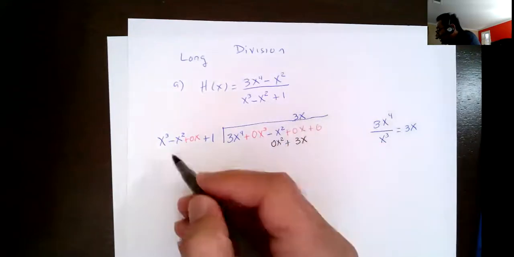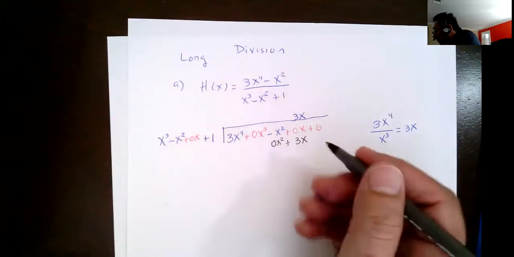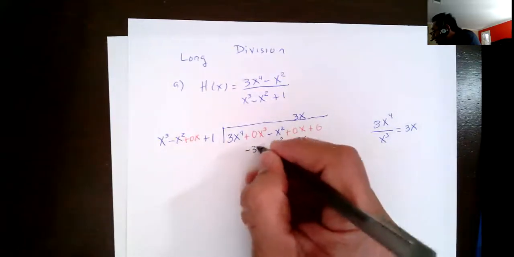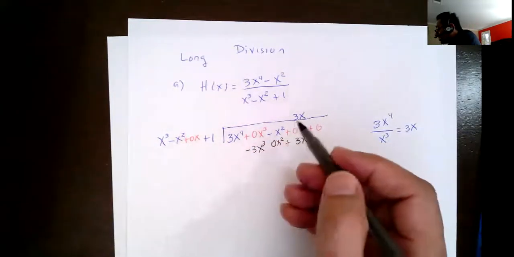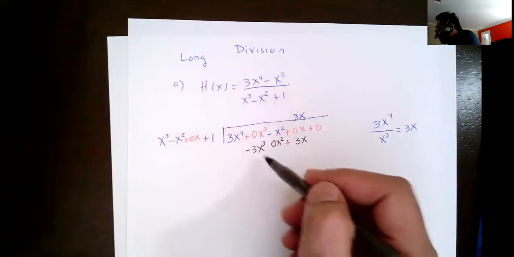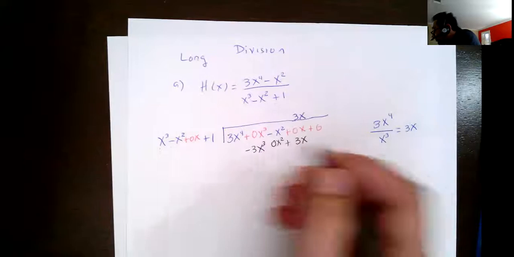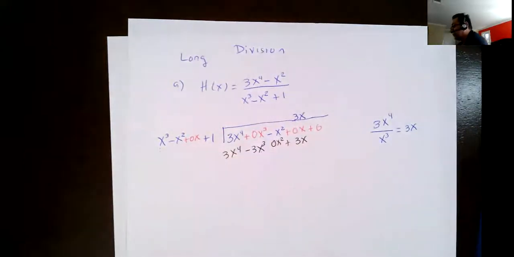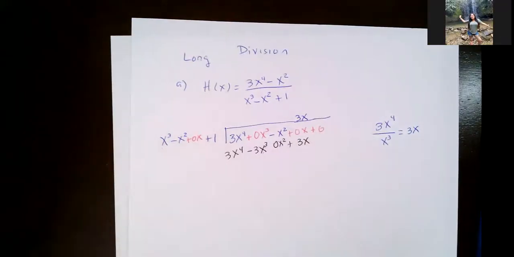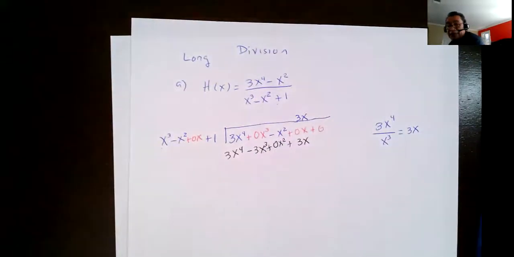And then 3x times negative x squared, that would be negative 3x cubed. And then 3x times x cubed, that would be 3x to the 4. Is that clear so far? There's a missing sign. Yeah, write the positive sign right there.